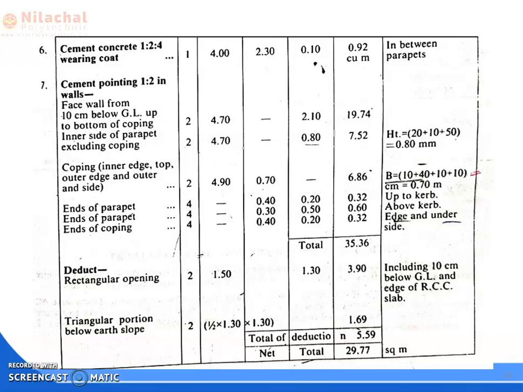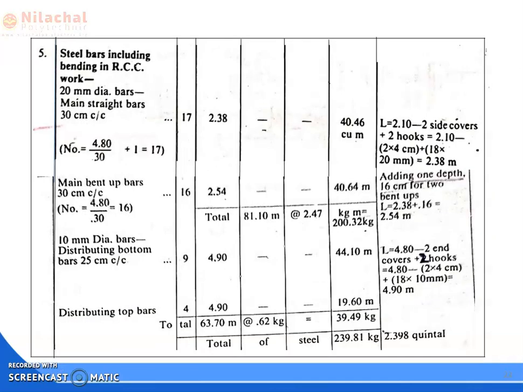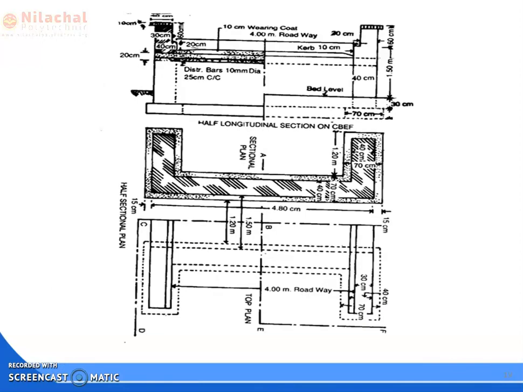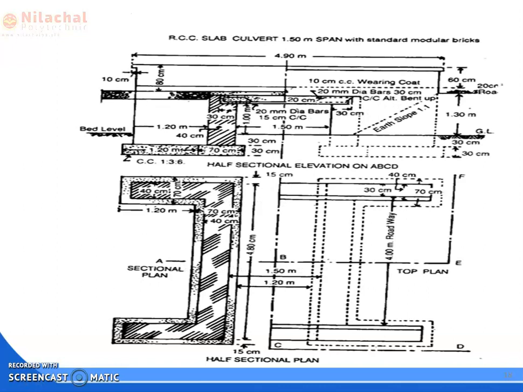So first of all, we go through the face wall part. How do we define the face wall? What is the face wall of the abutment? We can define it from the longitudinal section, or from the half sectional elevation.